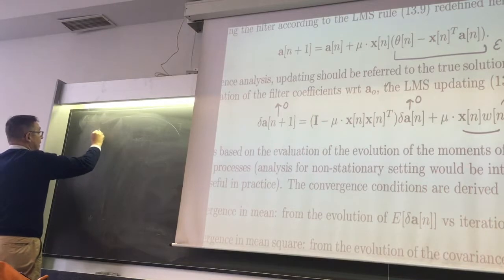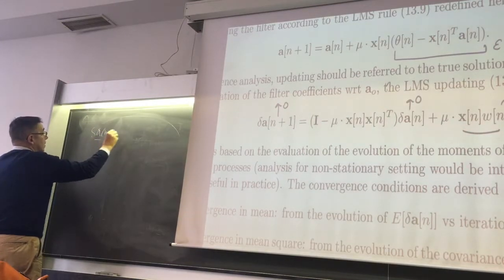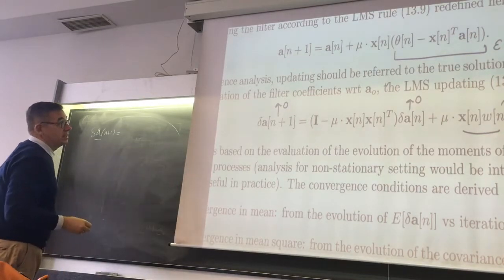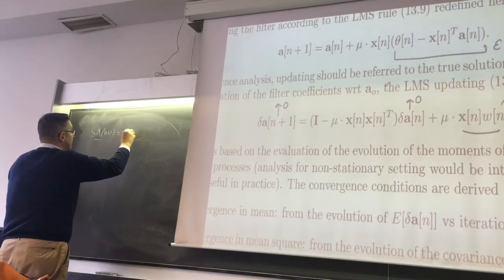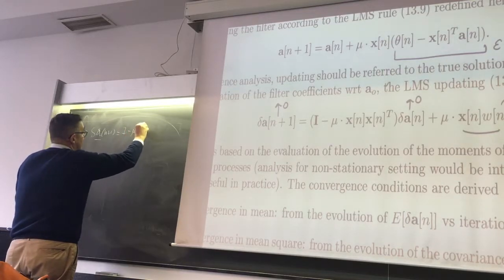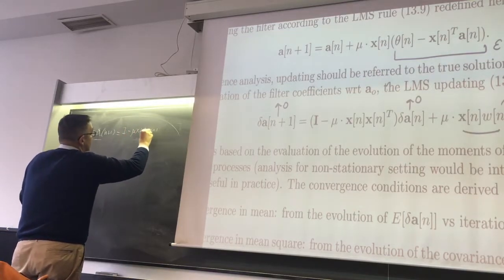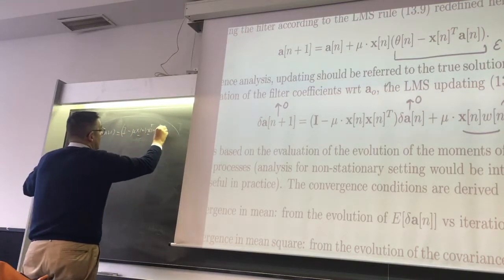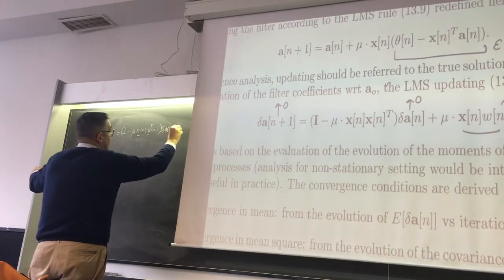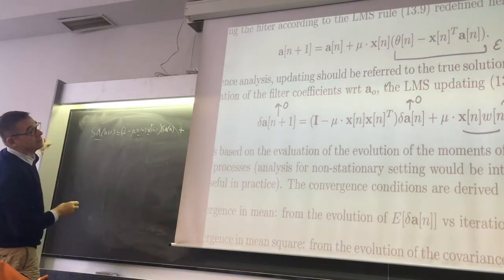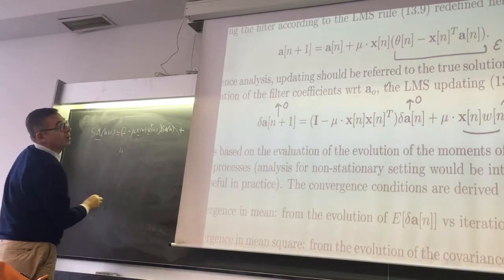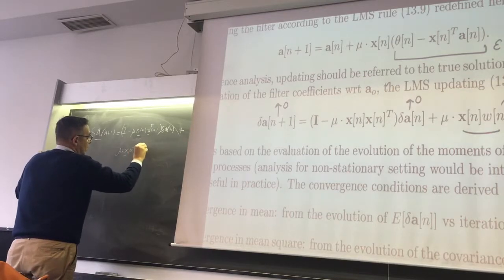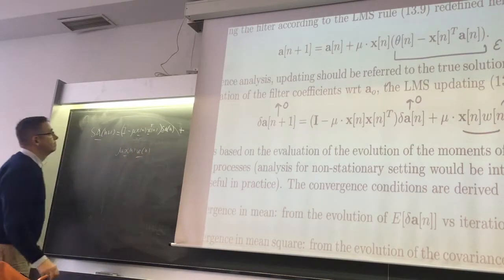Delta A n plus 1, just copying that, is equal to a certain matrix, identity minus mu times a vector transpose, delta A n, plus mu x n times the noise.